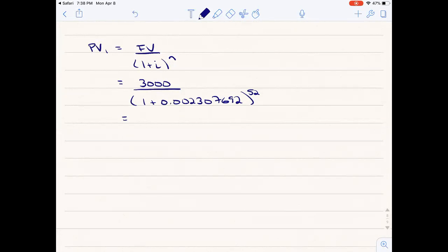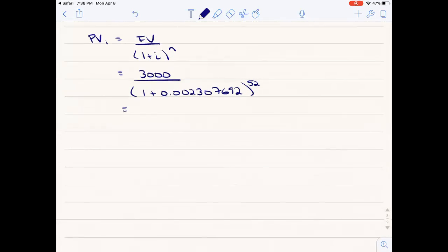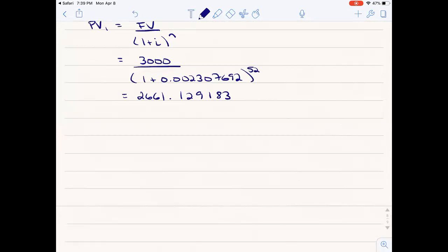One plus recall 1 to the power of 52, and then 3,000 divided by that is 2,661.129183. So in money, we got 2,661.13.